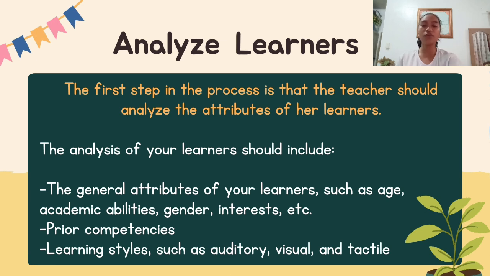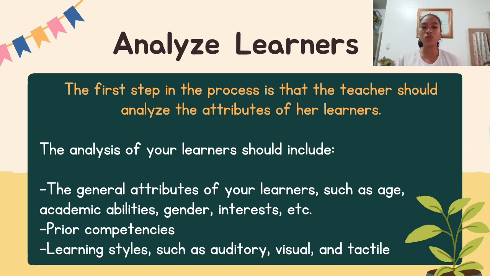Now let's move forward to the first step, which is analyze learners. In the first step of the Assure model, teachers need to understand who their students are. This means looking at three key areas. First, we need to consider the basic characteristics like age, abilities, and interests of our students.